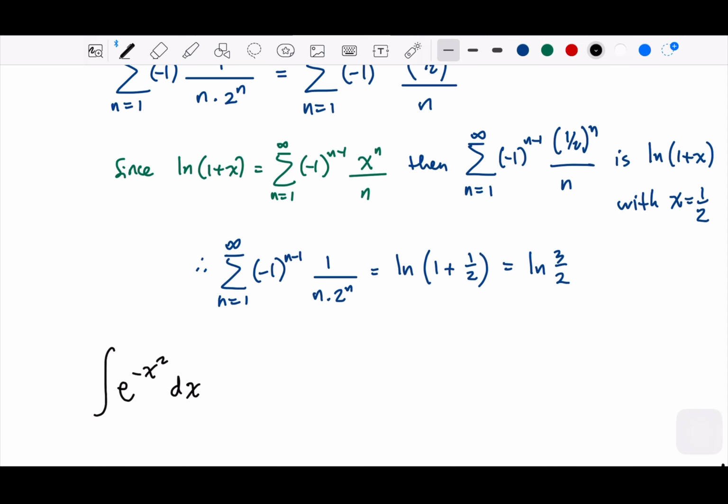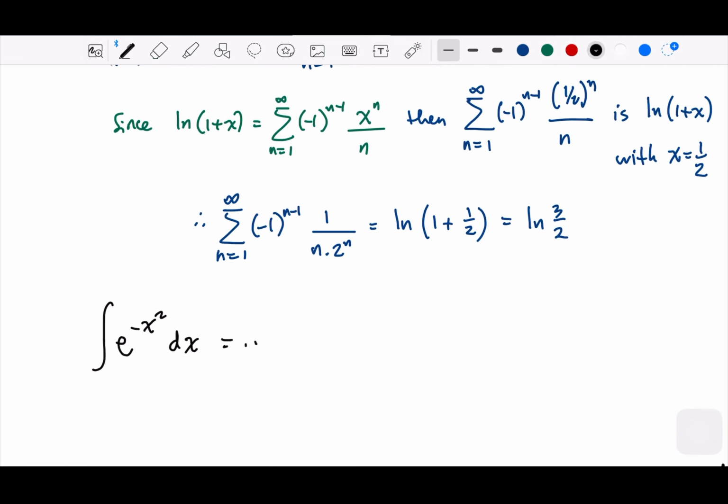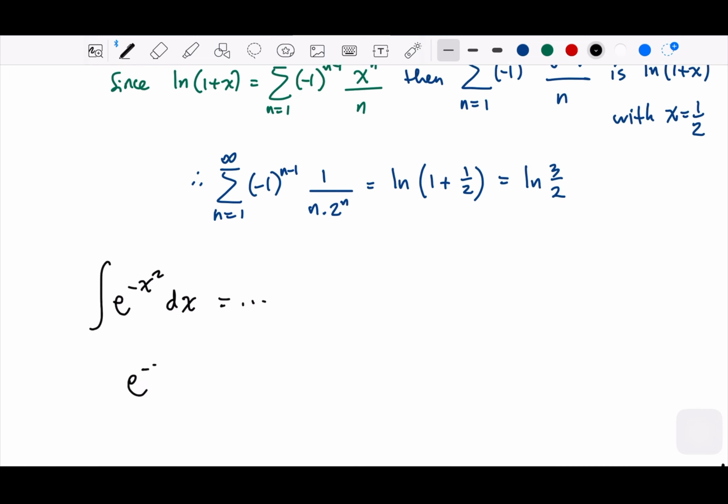Since we know the Maclaurin series for e to the x, we can set up an infinite series for this integration. So we want to know this, and we know this part is equal to a sum.